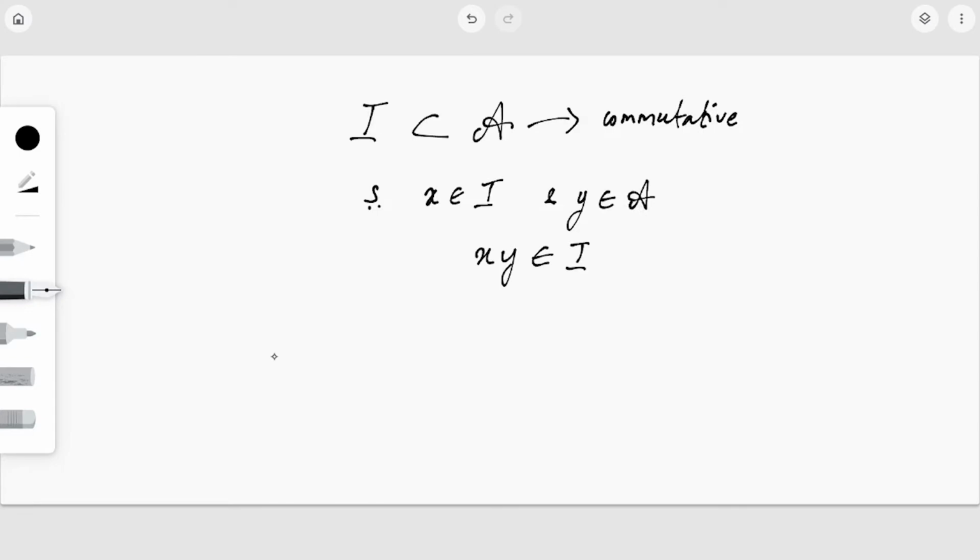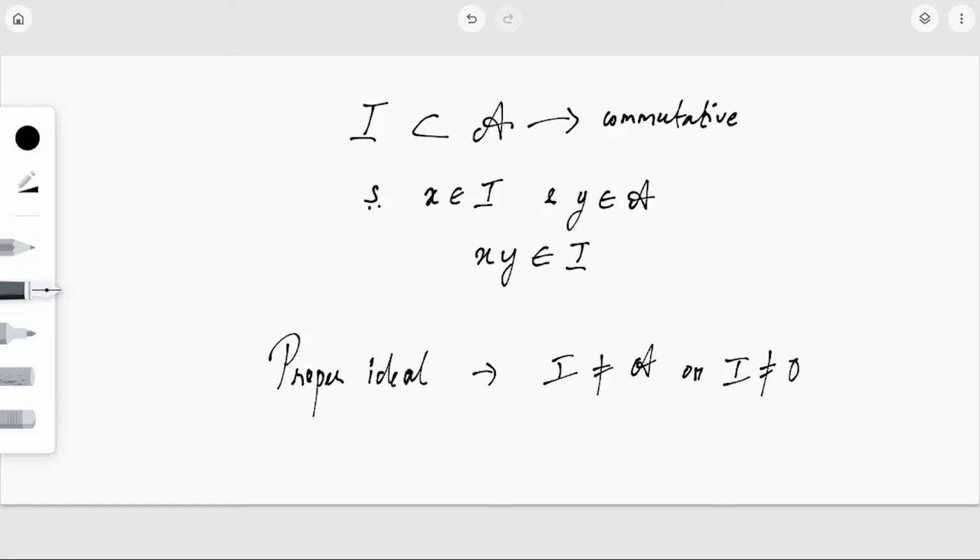There is one more definition: what is meant by a proper ideal? A proper ideal is one where I is not equal to script A and I is not equal to 0.